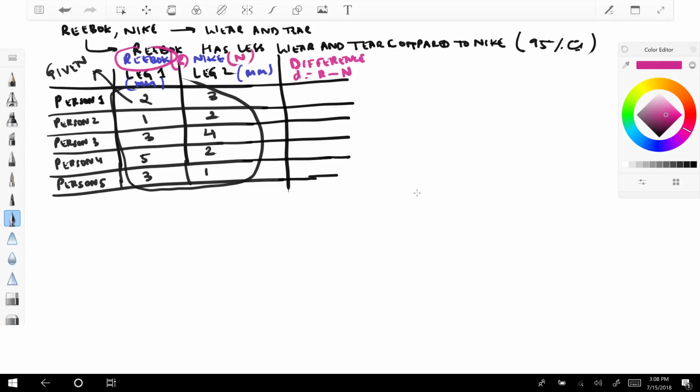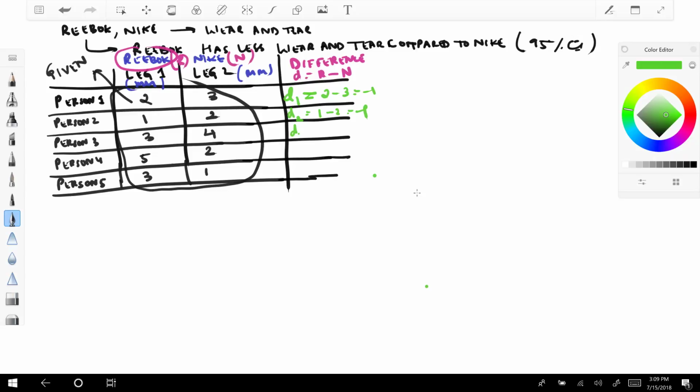So the difference D1 is equal to 2 minus 3, that is negative 1. D2 is 1 minus 2, that is negative 1.